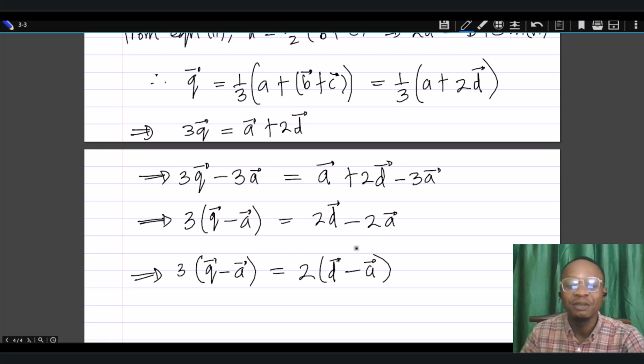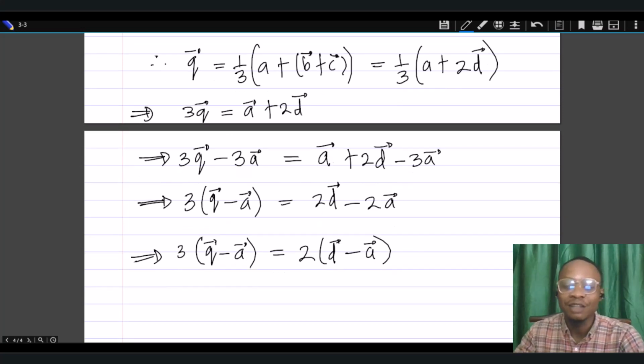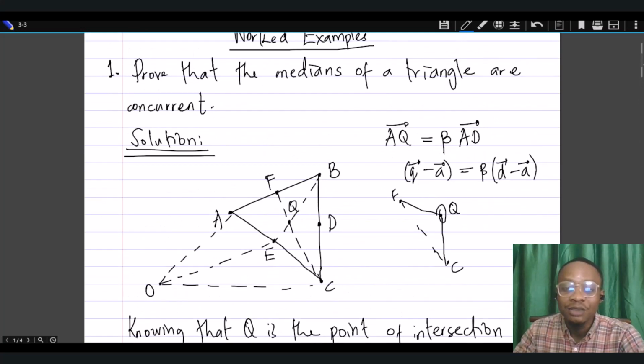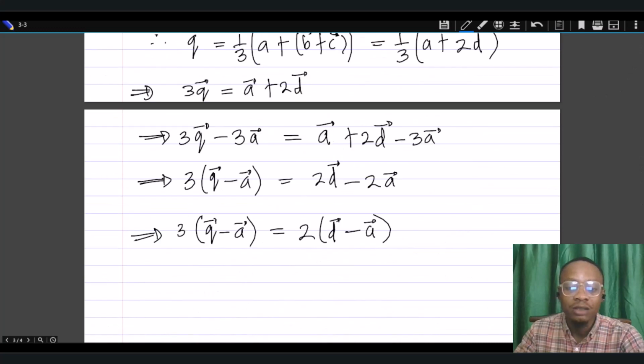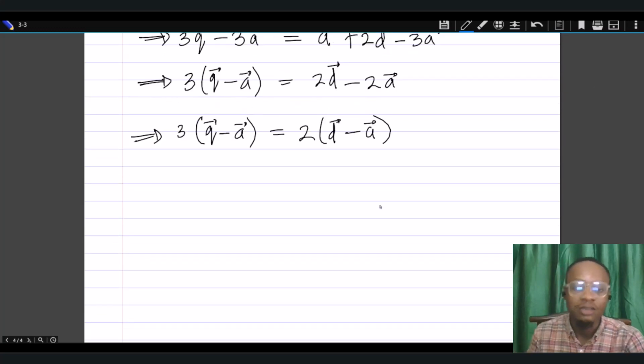So life becomes very easy now. Have we got to our destination yet? Don't forget, we need Q minus A to be some multiple of D minus A. Have we got there? Yes. We can just divide both sides by 3 again.